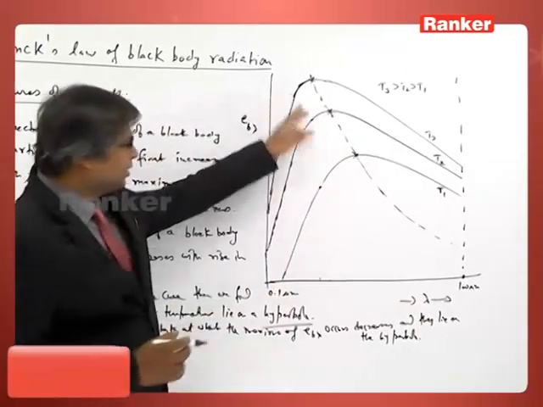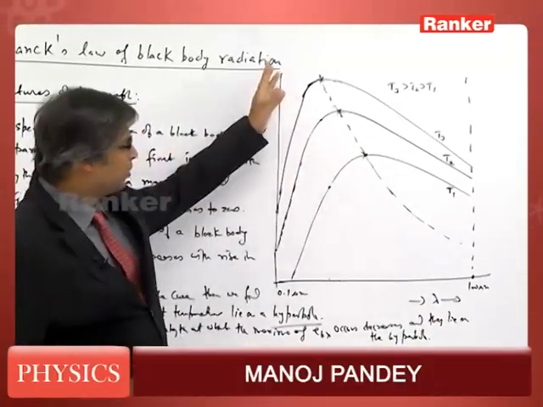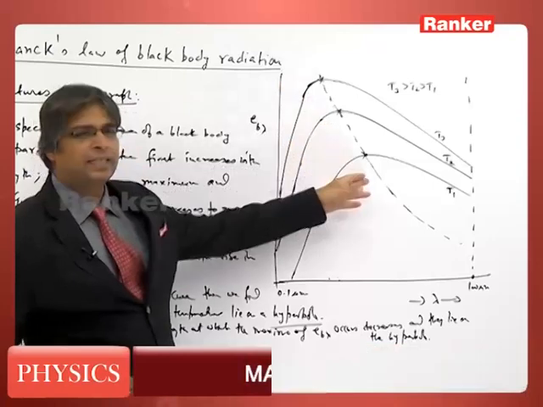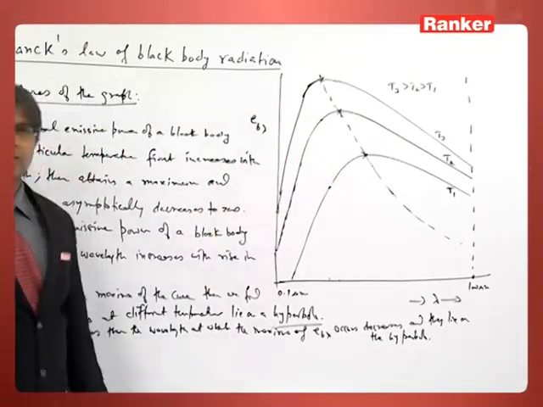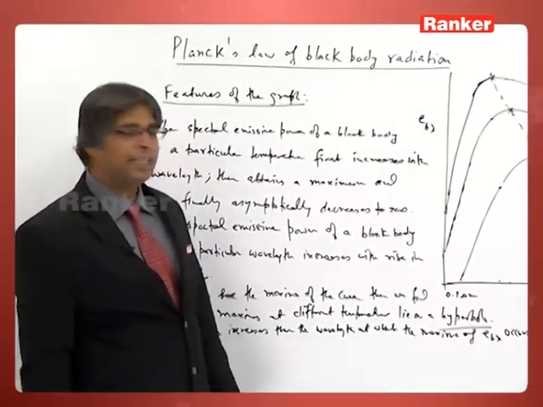So, all these points lie on a hyperbola, that we will see is actually Wien's displacement law. So, these are the characteristics of Planck's radiation formula.